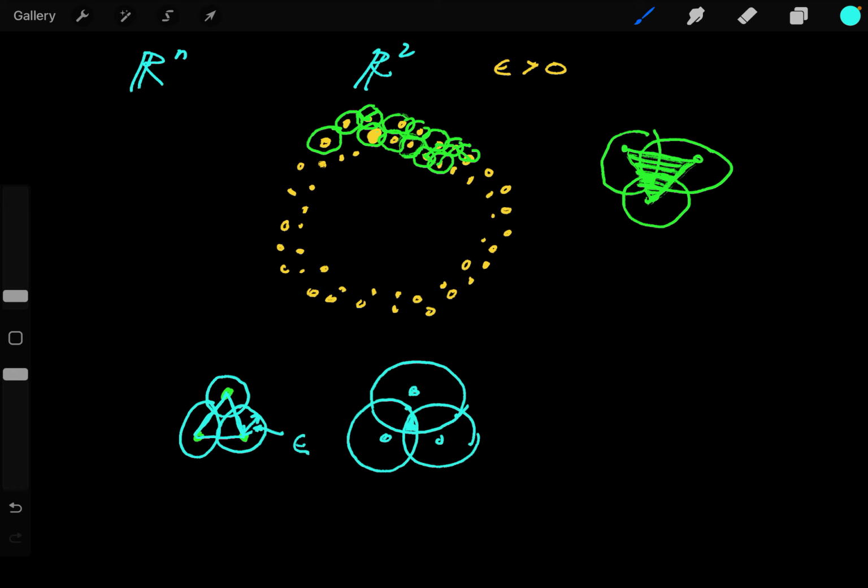The edges will still be drawn, but when the three come together, you don't just add an edge, you add a higher dimensional level of connectivity among these 3 points, which is the face. You draw this face.